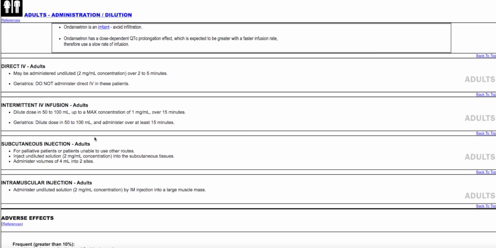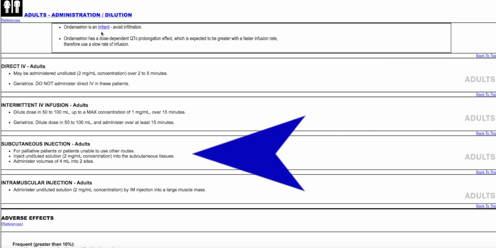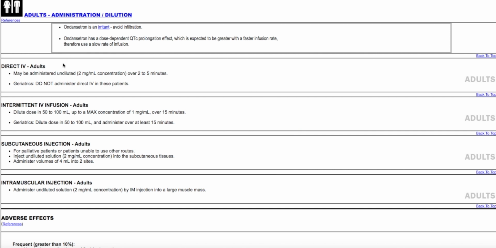As I continue down to the dilution and administration text, I do see that there's a subcutaneous injection box. This lets me know that it is used for palliative patients, or those who are unable to take it by other routes, and it will be injected undiluted. So I don't need to mix this in a saline or a sterile water. I'm going to simply draw it up and administer it. It also tells me if I give more than 4 mils, I need to use 2 sites.